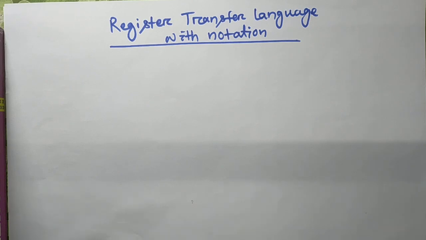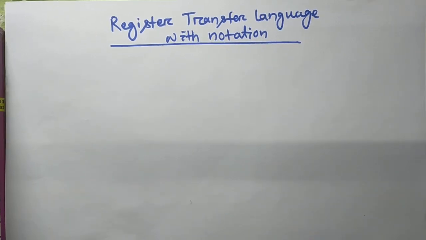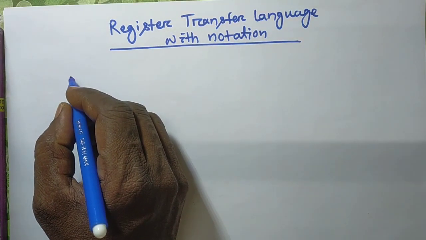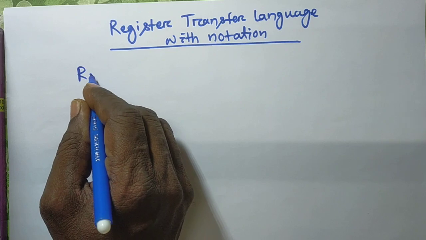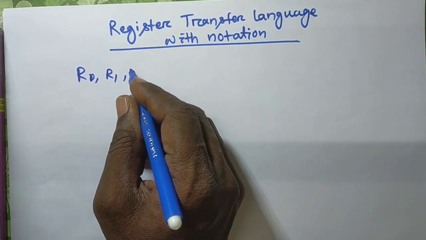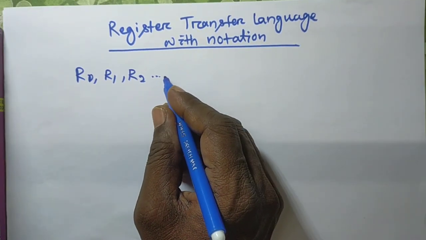Now we will start. If we go through processor registers, we use only register notations. The notations can be defined in this manner, for example R0, R1, R2, or any kind of registers.